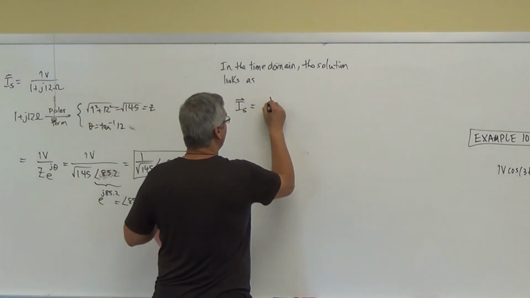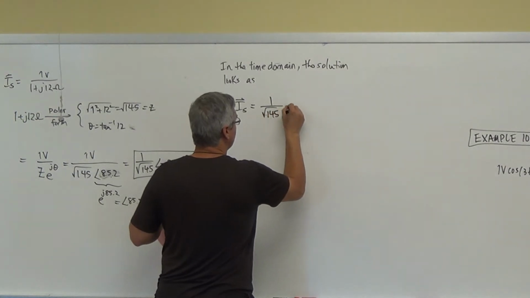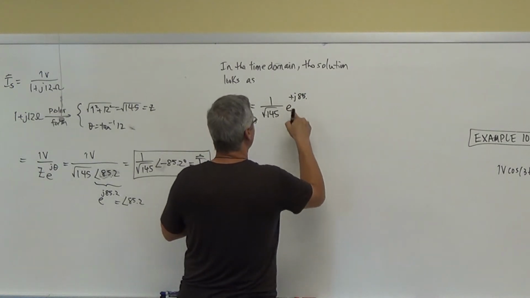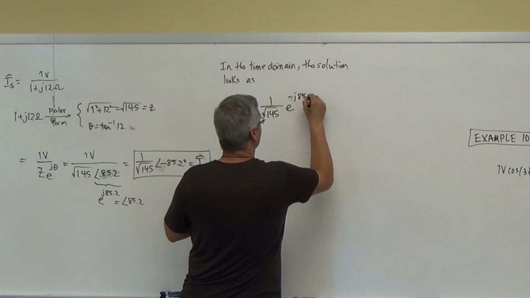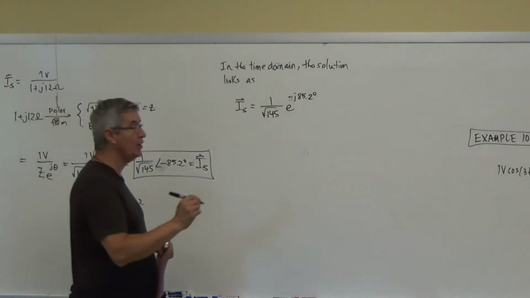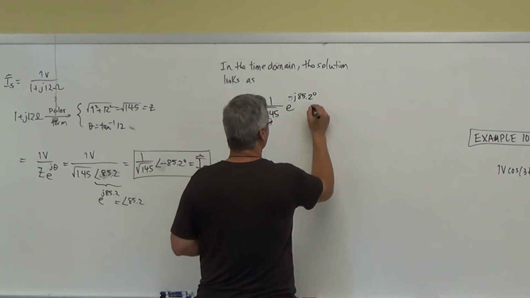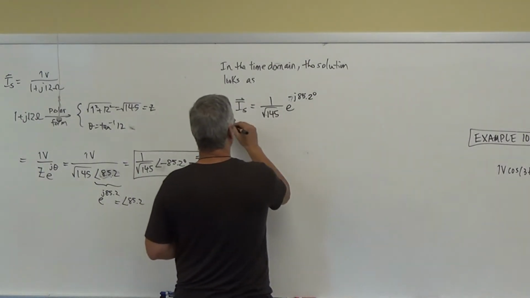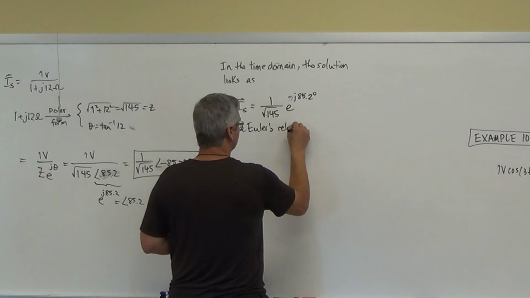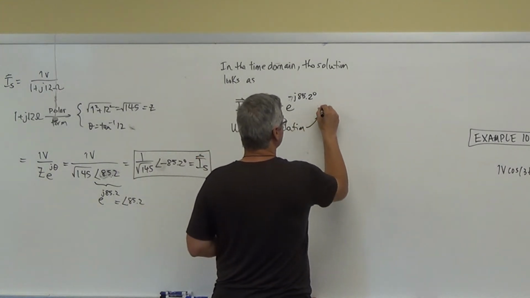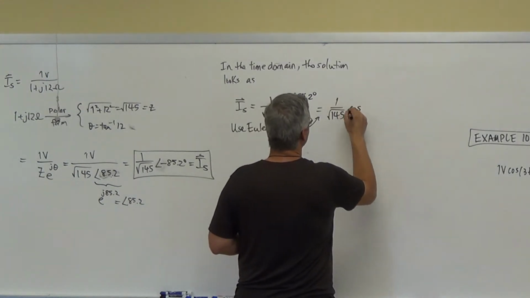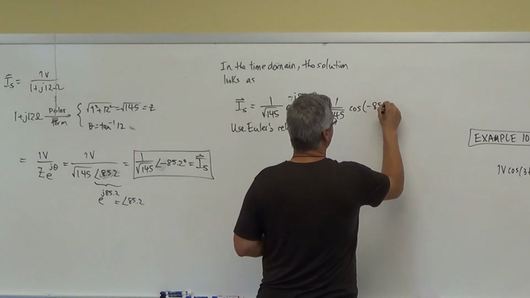So I'm going to get 1 over the square root of 145, e to the minus j 85.2 degrees here. Okay? So now I use Euler's relationship. And if I use Euler's relationship here, note that this is what? Square root of 145 cosine of minus 85.2.